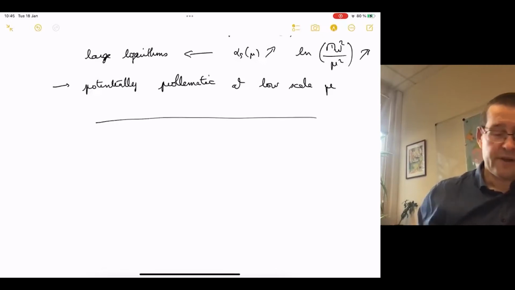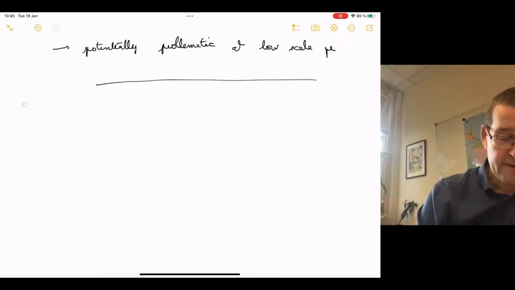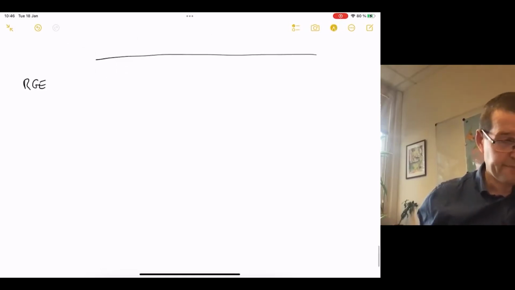So in order to deal with that, one way of doing it is just to come back to the question that I've just hidden under the carpet before, which is the question of the renormalization. I have additional singularities in my effective theory, and so I have to tackle them.